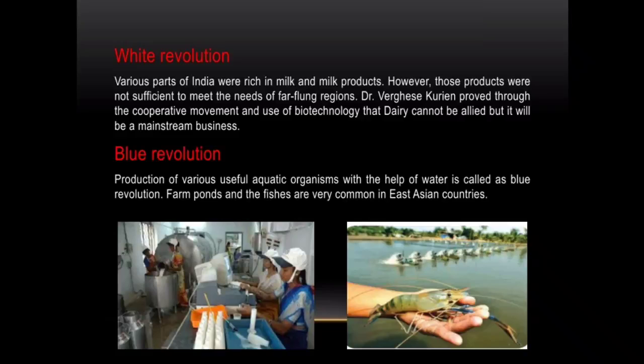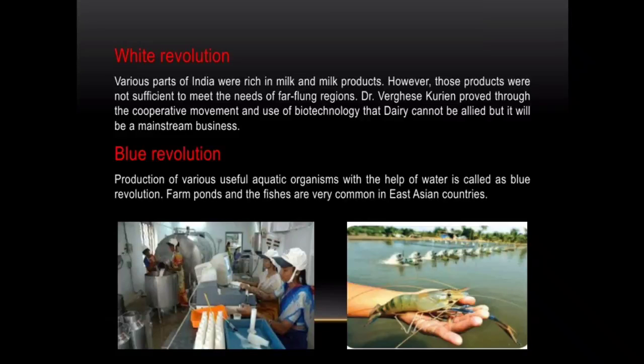He put the cooperative dairy movement of Anand, Gujarat at an all-time high, while achieving self-sufficiency in the dairy business. Various experiments were performed for quality control, newer dairy products, and their preservation.